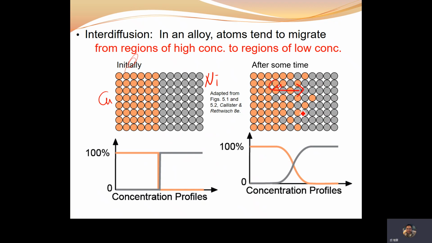For example, if one side is copper rich and the other side is nickel rich, the copper atoms move from their high concentration region to low concentration, and the nickel atoms likewise. Therefore the concentration profile changes within the interface between nickel and copper.